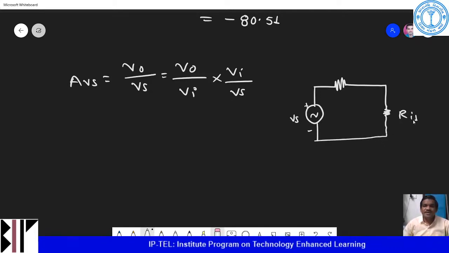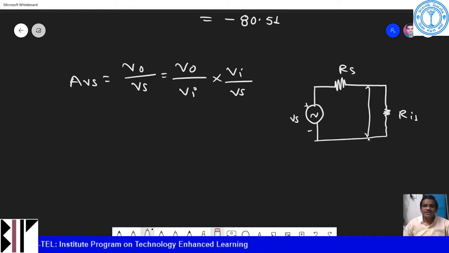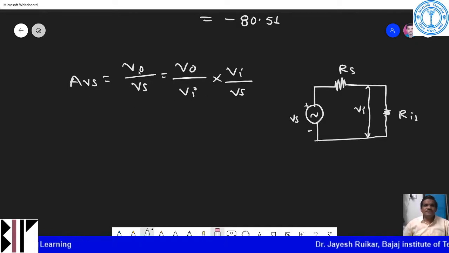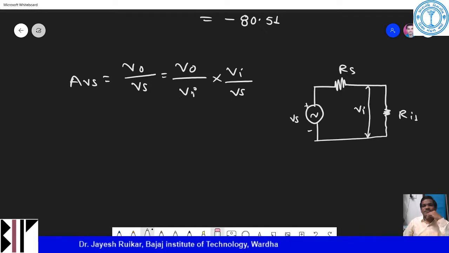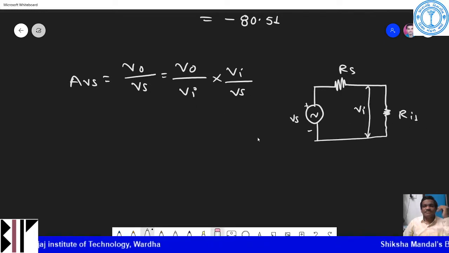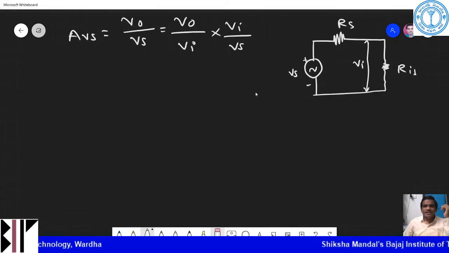I will write it as Ri1, this is my Rs, and the voltage across this is my Vi. So AVS is nothing but VO by VS, and that is equal to VO by VI multiplied by VI by VS. VO by VI we know, and VI by VS we get by looking at this diagram. So what is Vi now?